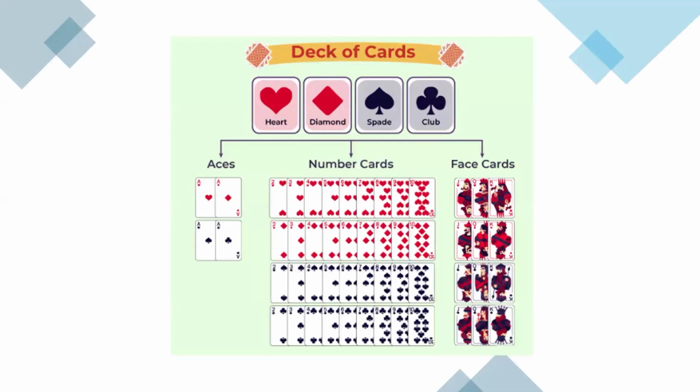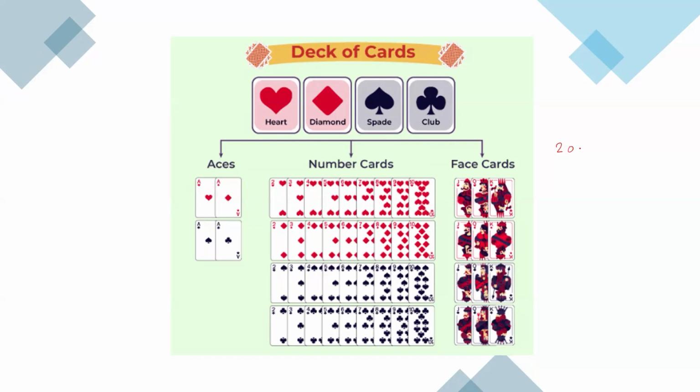Just look at this picture carefully. You have cards of four types: heart, diamond, spade, and club. And here, if you count, you can see 1, 2, 3, up to 20.